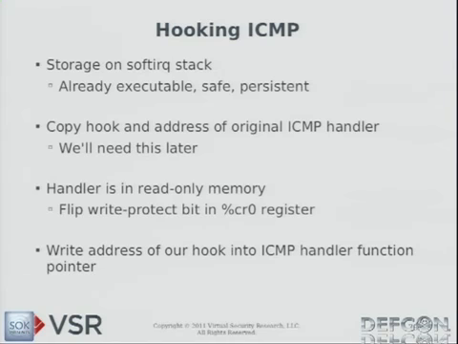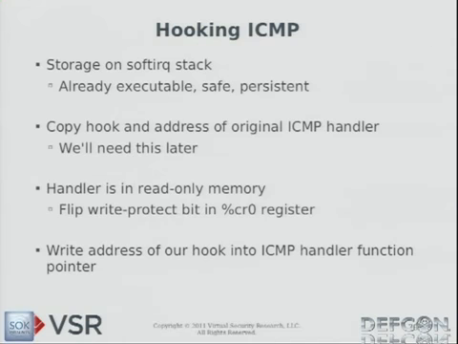Otherwise, the optional 4 kilobyte stack version would never work. So anything in the bottom 4 kilobytes of the soft-IRQ stack, outside of the metadata at the very bottom of it, is a great place to store stuff. So what we do is we copy our hook, and we'll explain what that does in the second part when I describe the backdoor. But for now, it's just some code that we want to run into the soft-IRQ stack just for safekeeping.